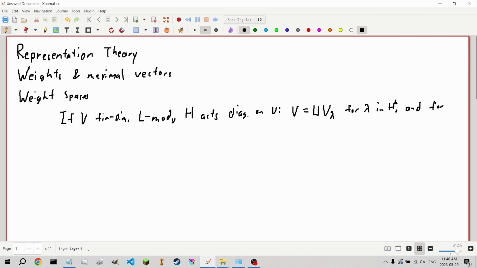And just as a reminder, V lambda is the set of eigenvectors in V of H whose action by H is given by the character function of our lambda.